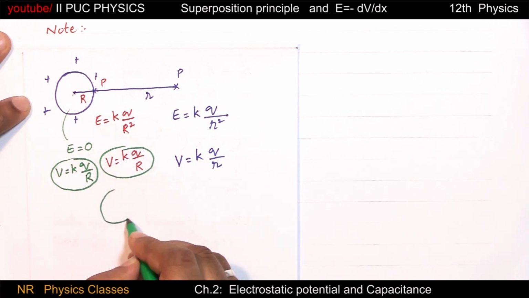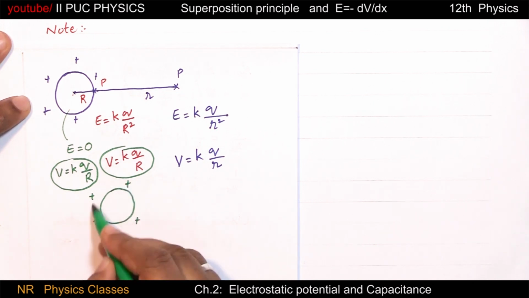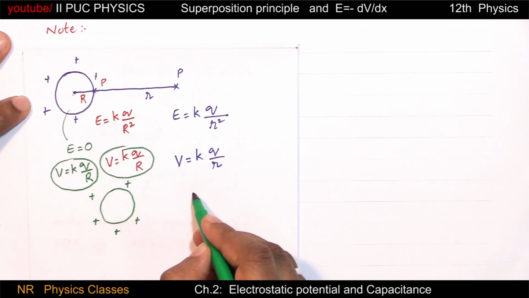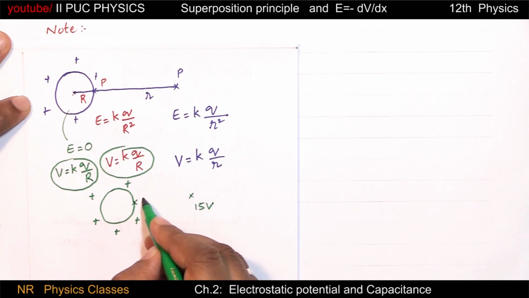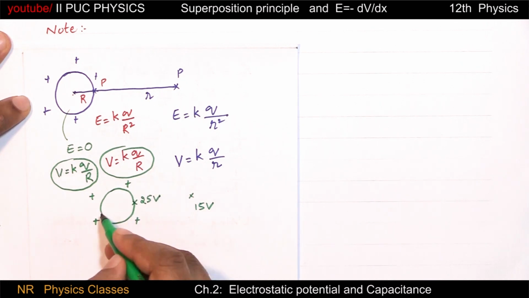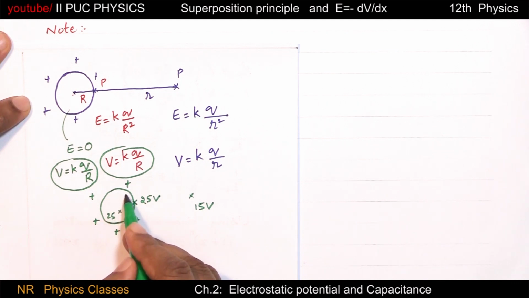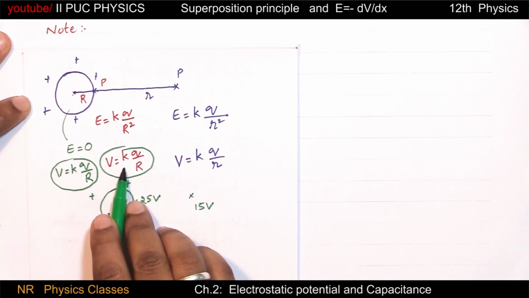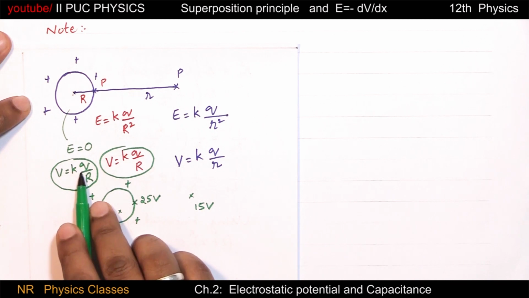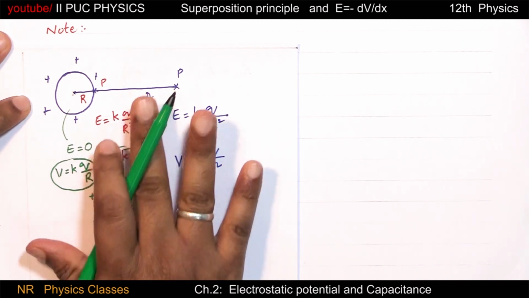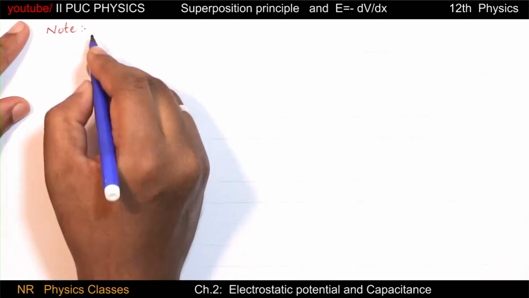In simple words, if this is a charged shell, because of the charge, if the potential outside the shell is 15 volt, then the potential on the surface is 25 volt, and inside the shell is also 25 volt. So 25 volt is the same everywhere inside and on the surface. That is the meaning of this equal to this. Electric field is 0 but potential is not equal to 0. It is equal to that on the surface. Now we have to write this in this note.